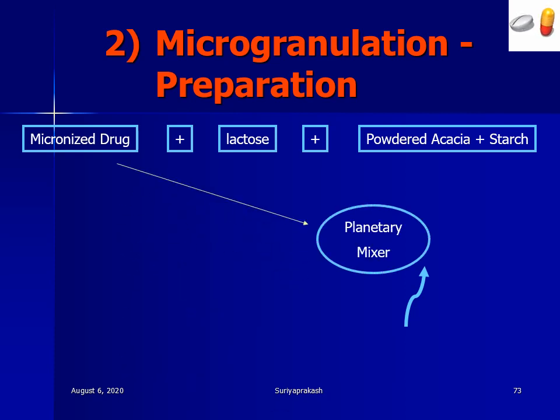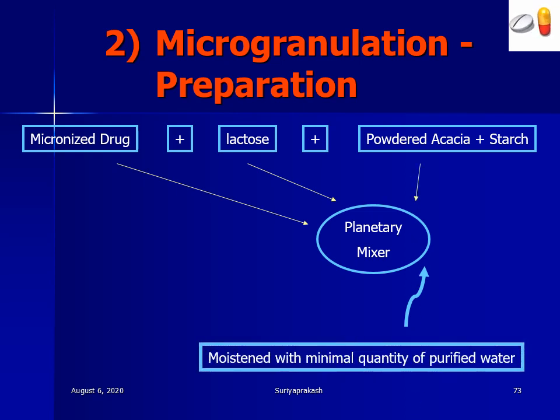The micronized drug is added into the planetary mixer. Lactose is added, powdered acacia and starch are added, then moistened with a minimum quantity of purified water. With the addition of this water, the acacia and starch will convert this powder mass into a coherent mass.